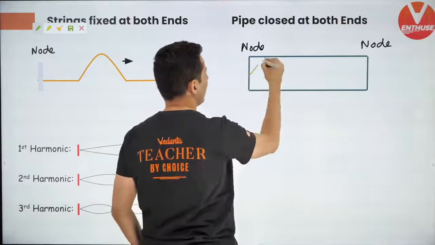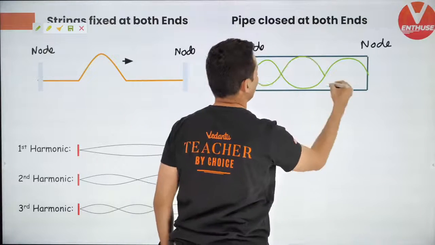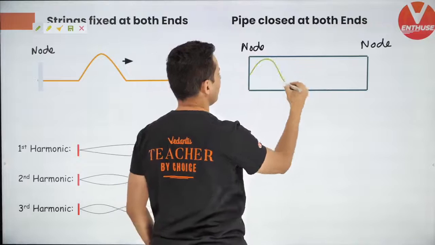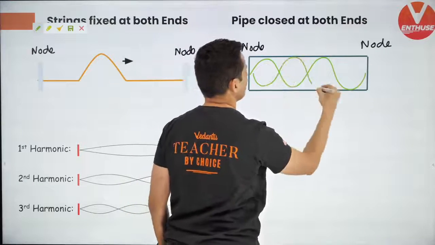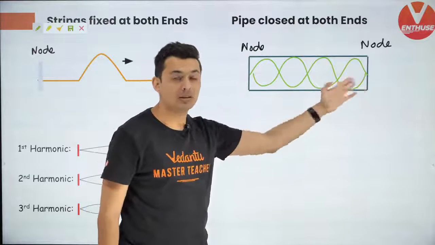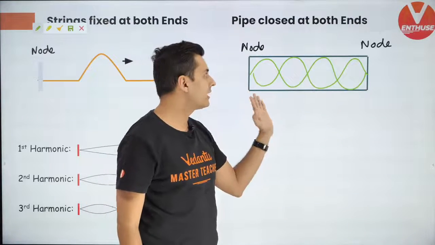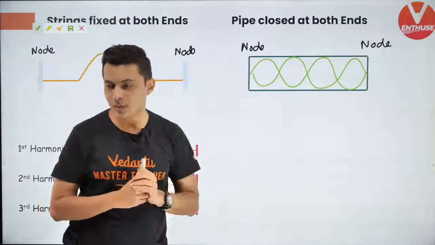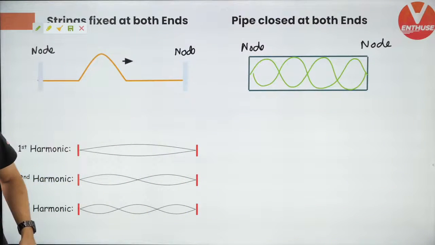In fact, you can have three lobes, and then you can have even more lobes like this. So 1, 2, 3, 4, like this. So this is also a possibility. All these are the different possibilities that you can get when you have two nodes, node here and node here. I hope that is making sense.